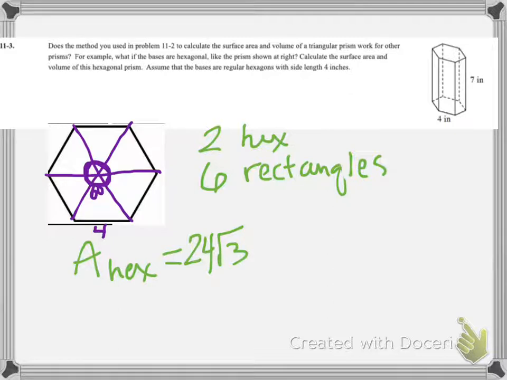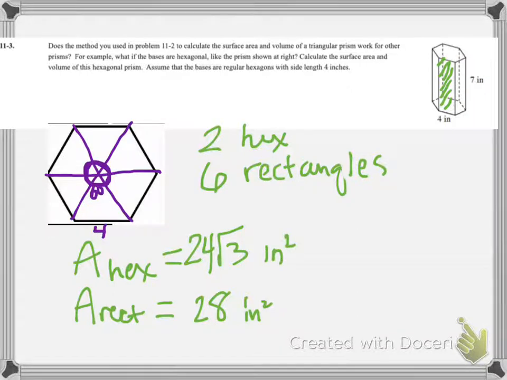Okay, and then we have the area of one of the rectangles. The rectangle is like right here, right? So that's like a 4 by 7 rectangle. So that's 28 square inches. And the area of the hexagon is 24 root 3 square inches.